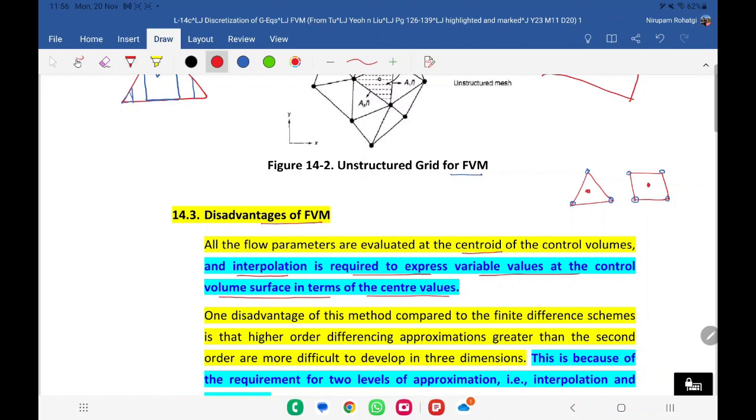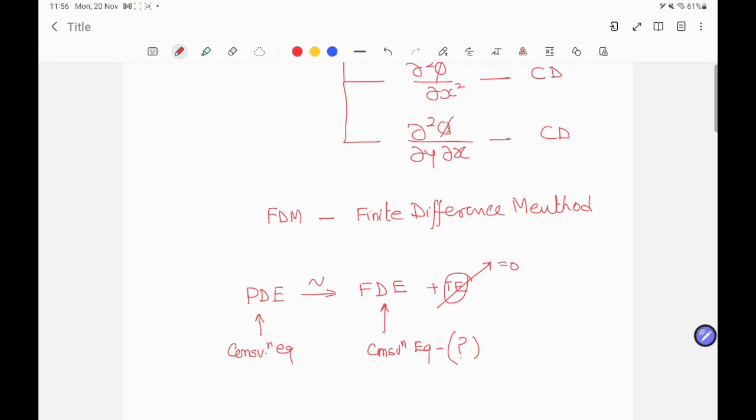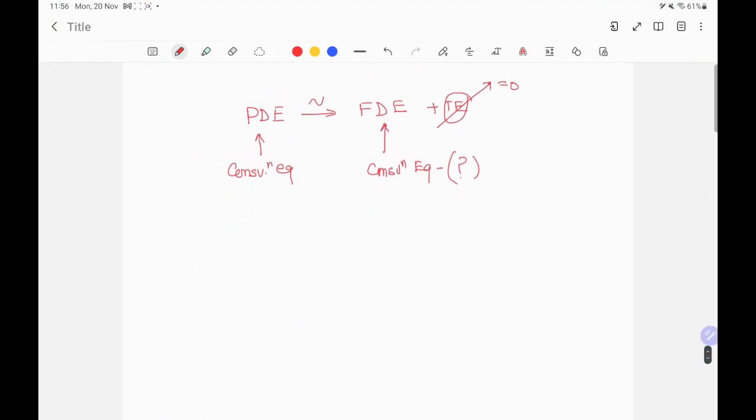Now what happens is, let me go back to this. When you are talking about this as a cell, and we are talking about FVM here, right?